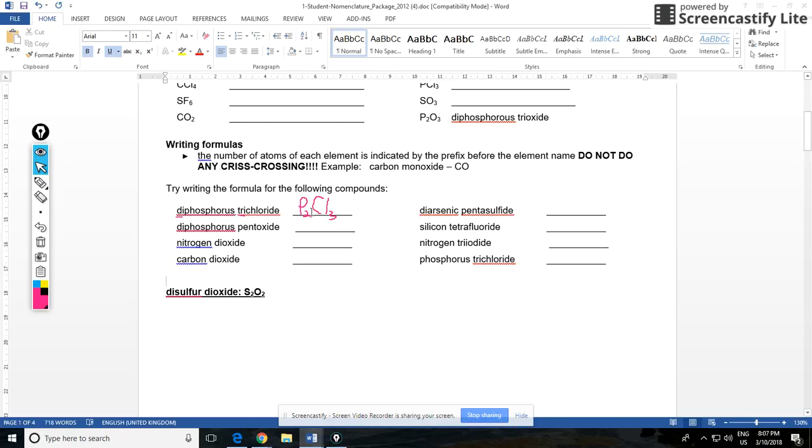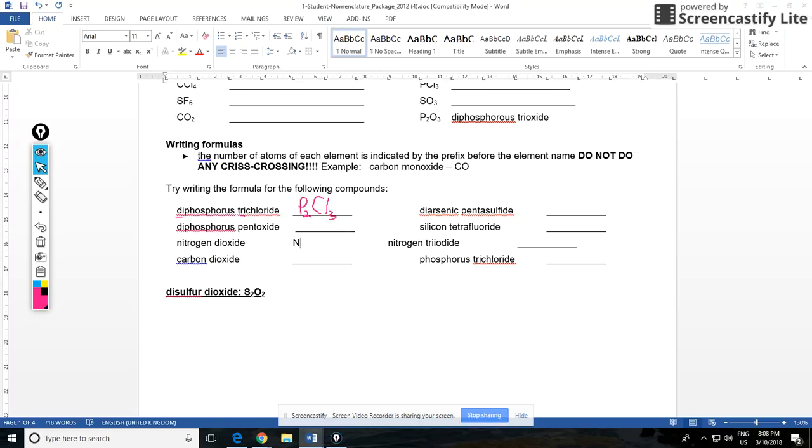So simply write the symbols side by side as the order in which they appear in their name, and then put the numbers based on the prefix that's provided. Let's try this one here, nitrogen dioxide. So if it's a covalent compound, you would know that because there's two nonmetals, nitrogen and oxygen. Now notice there's no prefix in front of the nitrogen, which means that there must be one, because if there's no prefix in front of the first element, it must be the mono, which we don't put.